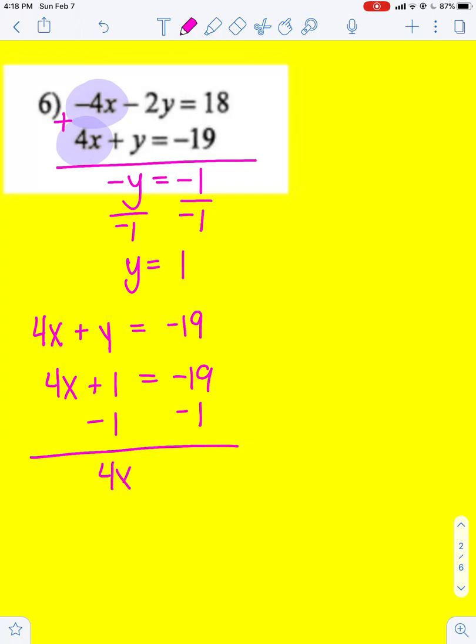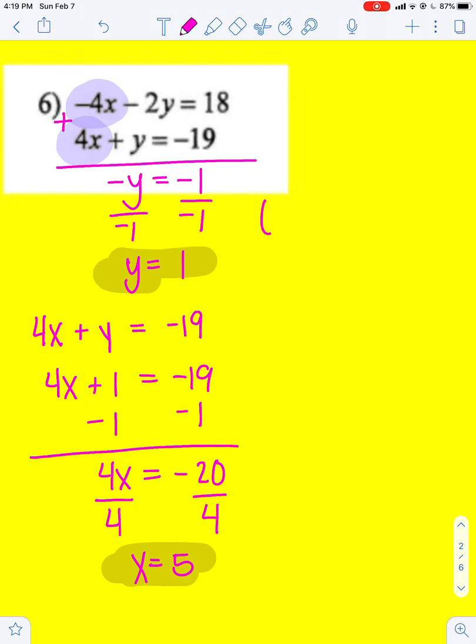And that's going to give me 4x is equal to negative 20. And then I'm going to divide by my coefficient to get x is equal to -5. So here I have y is equal to 1 and x is equal to -5. So I can get the coordinate point -5, 1 as my answer.